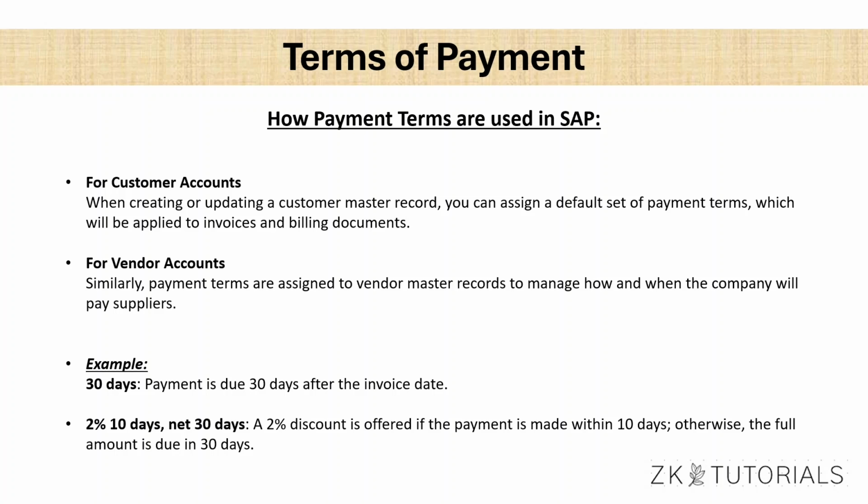For example, one customer is a very good customer and he pays within the due date itself, or before the due date, or on the due date. For him, we might give the credit period more because he is trustworthy. He is paying within the time. For him, a separate payment term can be created.